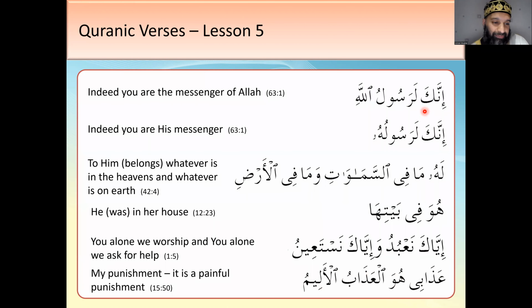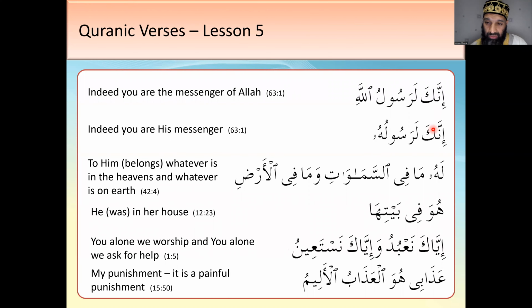Okay, so look at this one. I don't think we've done inna yet, but this is two words here. Inna means indeed, and look, ka. So what does innaka mean? Innaka means indeed you.